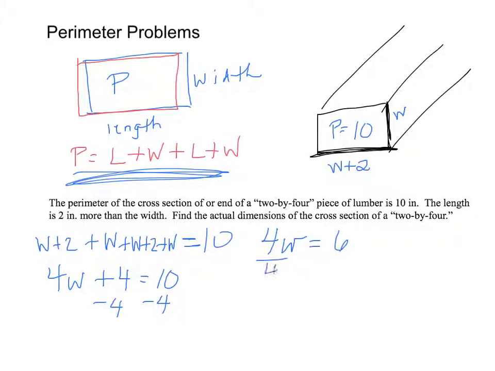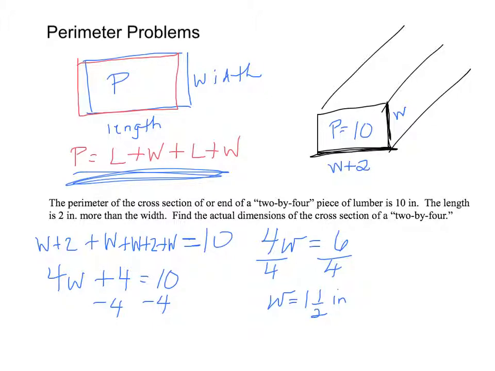And if I divide by 4, W is going to equal 1 1/2 inches. So the width is actually not 2, but it's actually 1 1/2 inches.